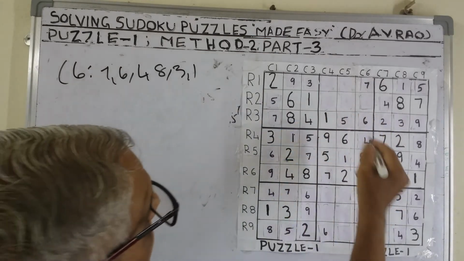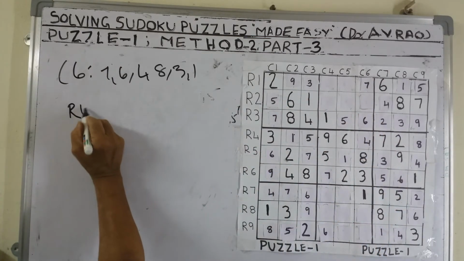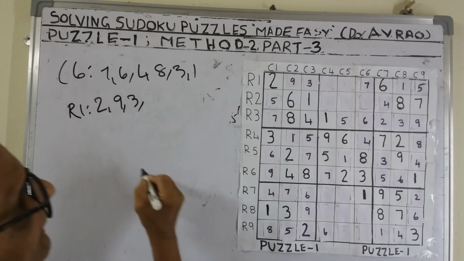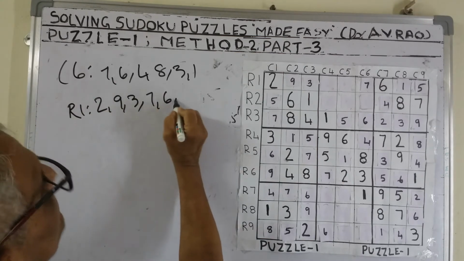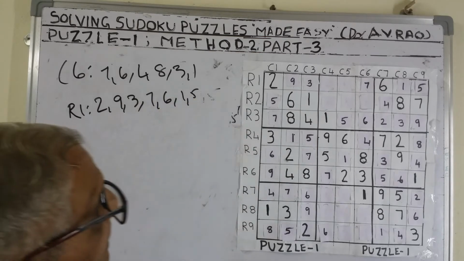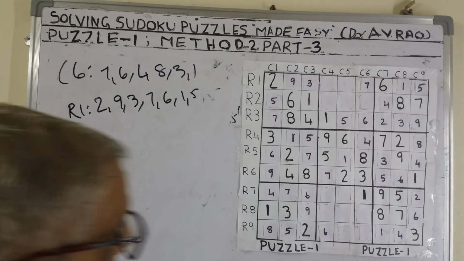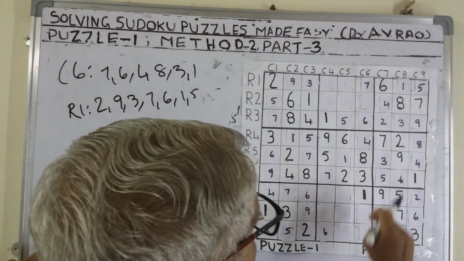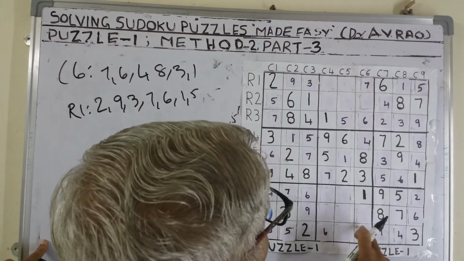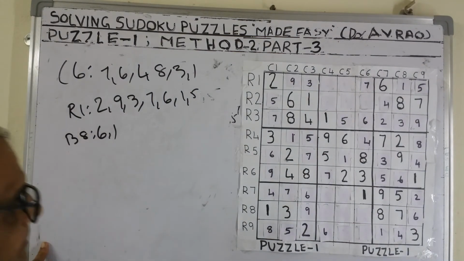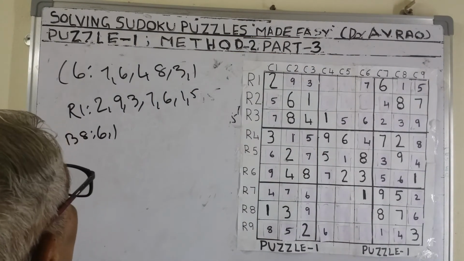And row R1 is 2, 9, 3, 7, 6, 1 and 5. This is box 8, B8. 6 and 1 are there. So let us see.